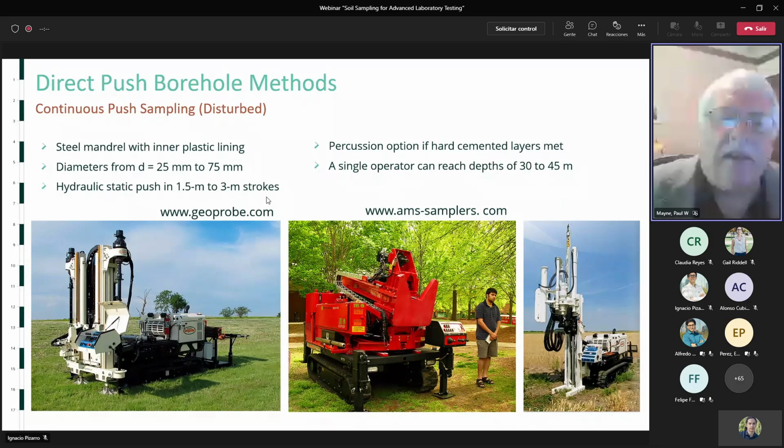Now they are disturbed, but the diameters can be anywhere from, say, 25 millimeters to 75 millimeters. And it's sort of like a steel mandrel with a plastic lining that captures all the soil, so you can follow every millimeter all the way down to, again, whatever depth, 45 meters, you're going. And so that's advantageous to see all the soil. But they are disturbed. Next.